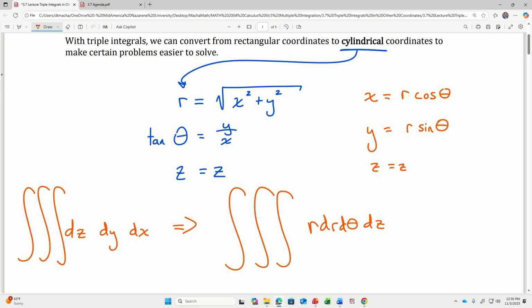And you could also change the order of this, right? You could also make it like r dz dr d theta or something like that. But the important part is that we pick up a little r for the same reason you pick up an r when we do double integrals in polar coordinates. So that's the deal with cylindrical.